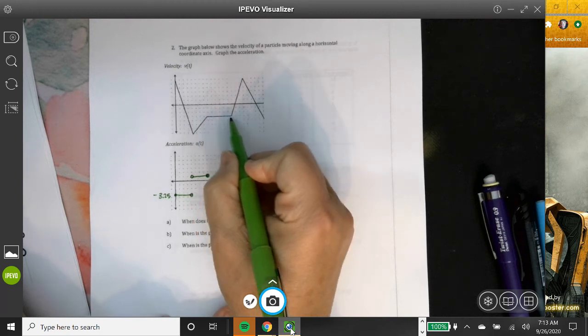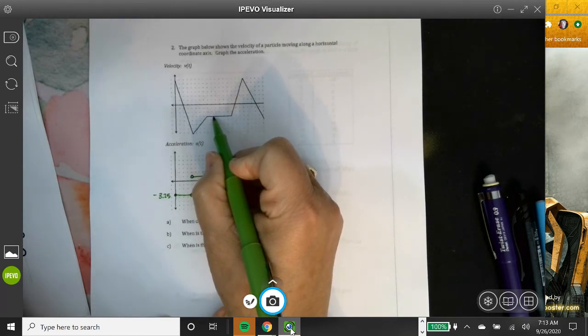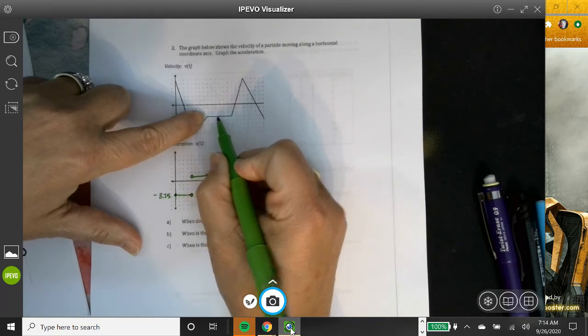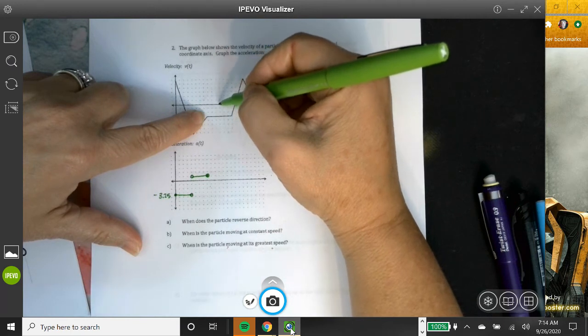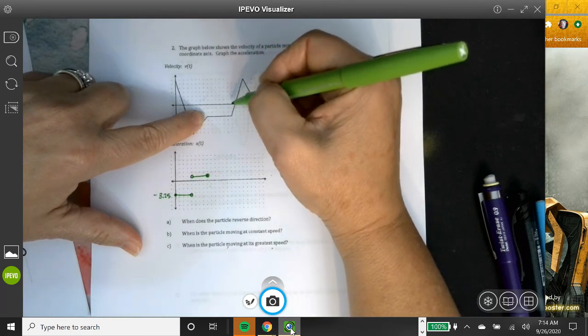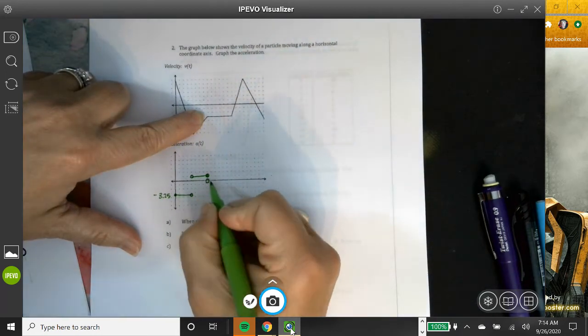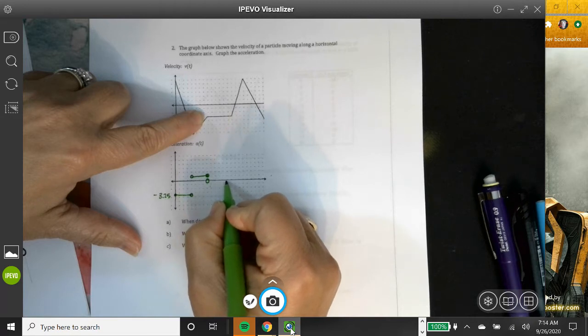Then we have a 0 slope from 8, which is 8, 9, 10. Oh my gosh, my eyes are having trouble. 8, 9, 10, 11, 12, 13, 14. So to 14, I have a 0 slope. So this is open.